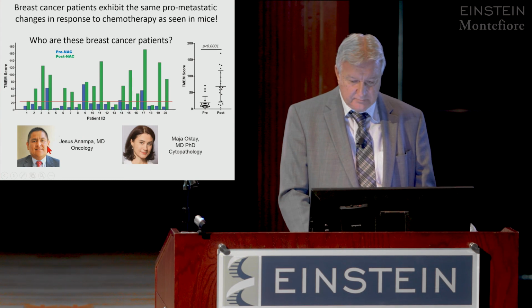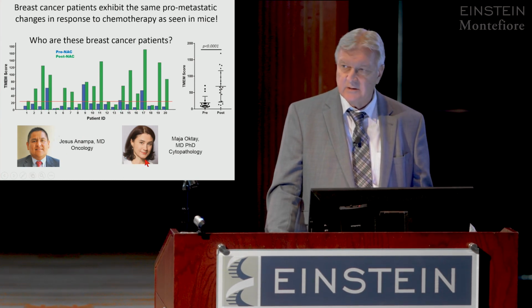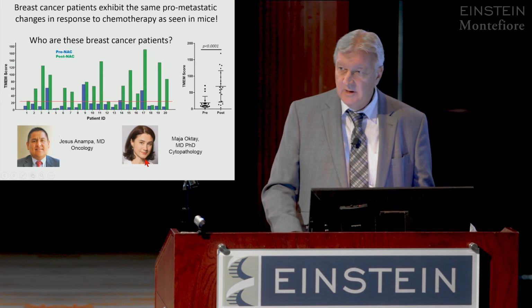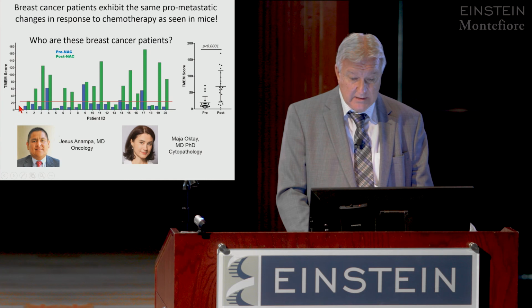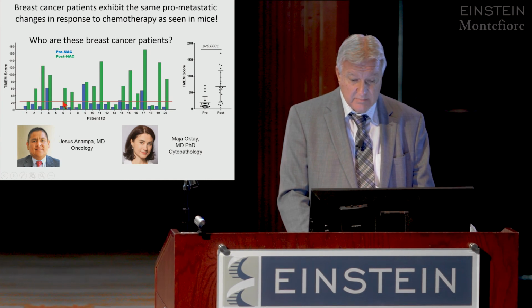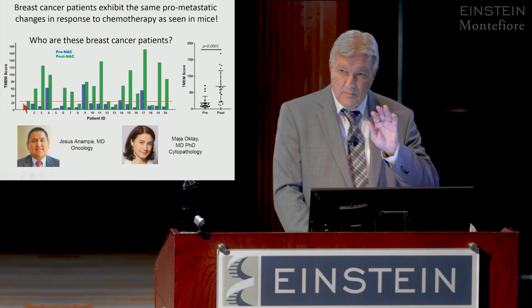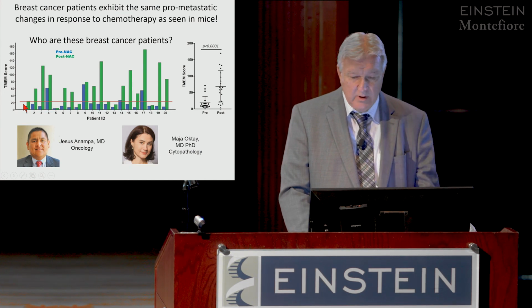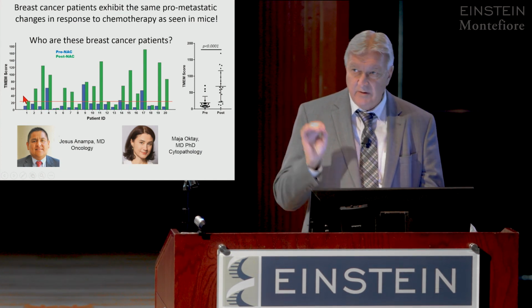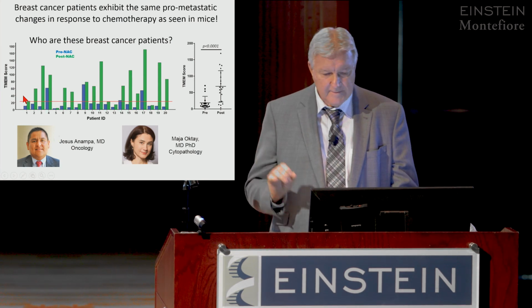So here our clinical team got together and started to look at this in the Montefiore patients. And this red line here in the horizontal position is the transition between low to intermediate risk of distant recurrence TMEM score, and above this line is very high risk of distant recurrence TMEM score.